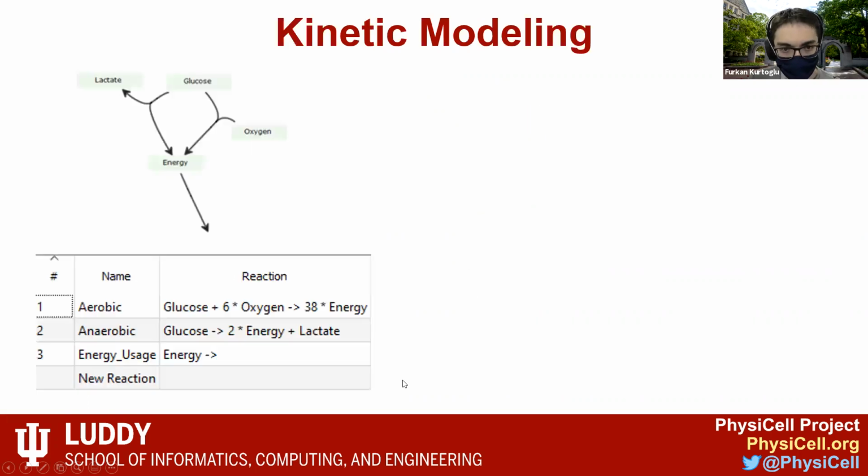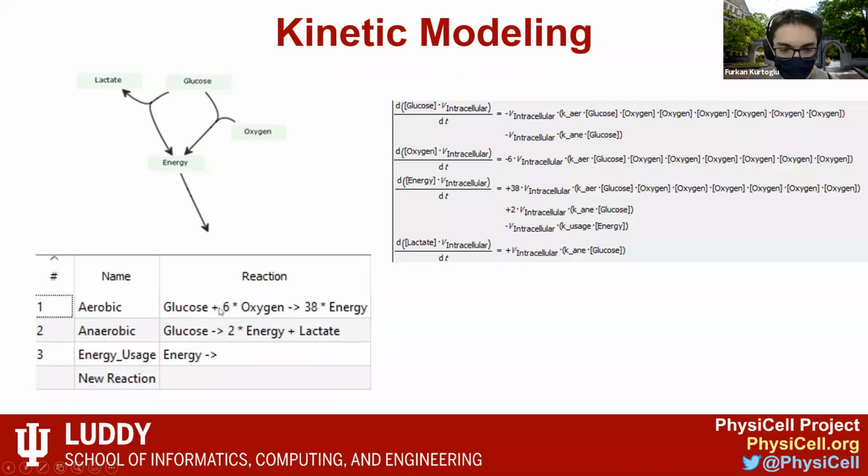So for kinetic modeling, let's say we have a set of chemical reactions in this stoichiometry. We have a kinetic relationship between the substrates and the products, and those can be written as an ordinary differential equation. In this one, this aerobic reaction is consuming glucose at this rate, and this is the intracellular volume.